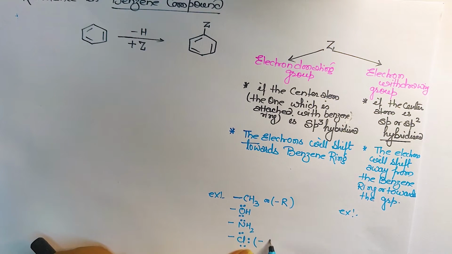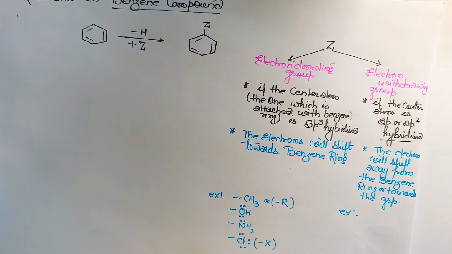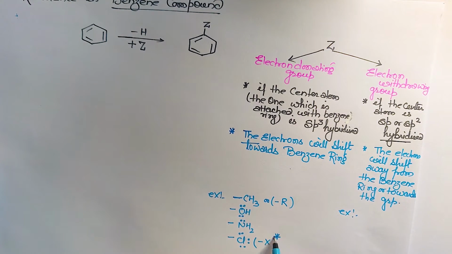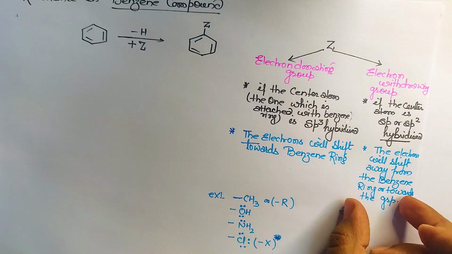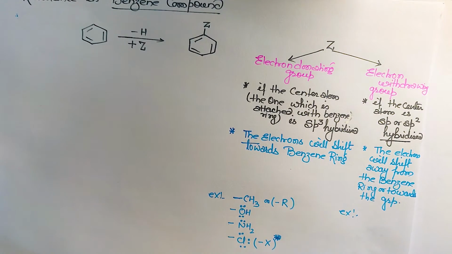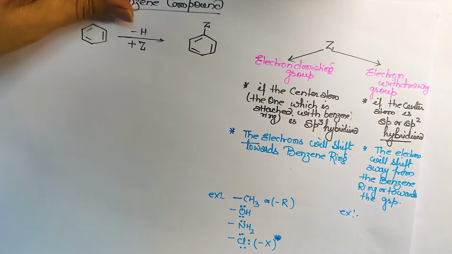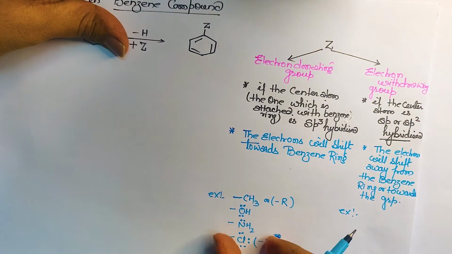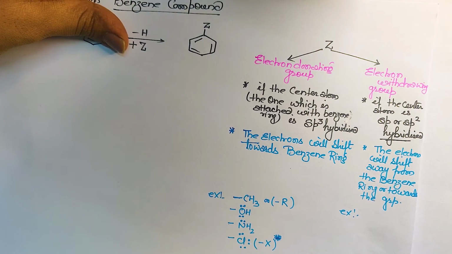Here I can write X for this. X can mean fluorine, bromine or iodine, and this is a little exceptional case. So let me put the arrowhead here. In books you will find that Cl is a withdrawing group, and that is perfectly correct. There is no point to argue with this. Yes, chlorine is a withdrawing group because it is more electronegative.